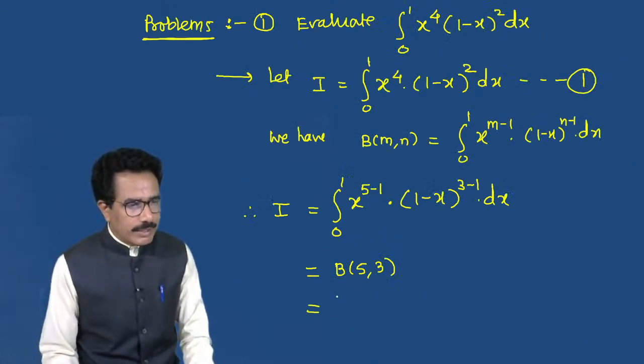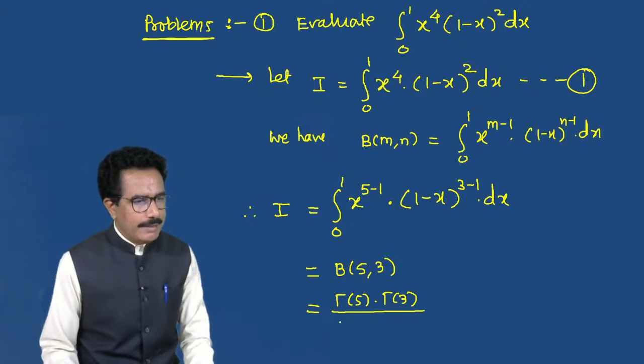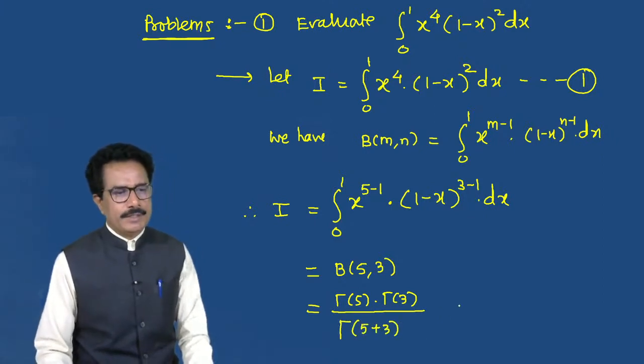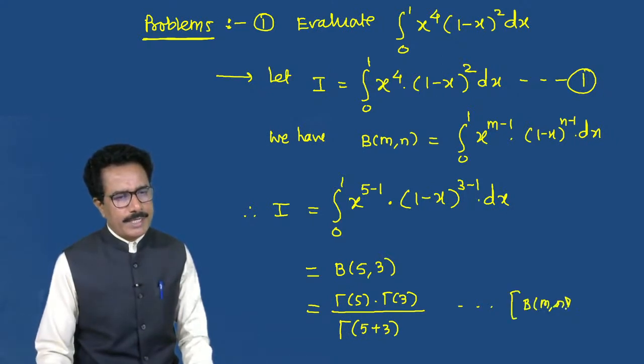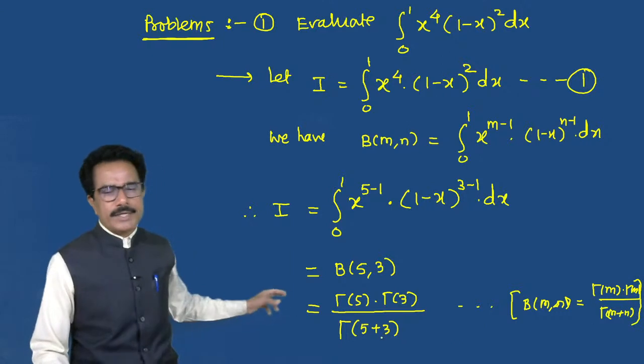So this is equals to gamma of 5 into gamma 3 divided by gamma of 5 plus 3. Since beta m comma n is equals to gamma m into gamma n divided by gamma m plus n, we can use this formula.